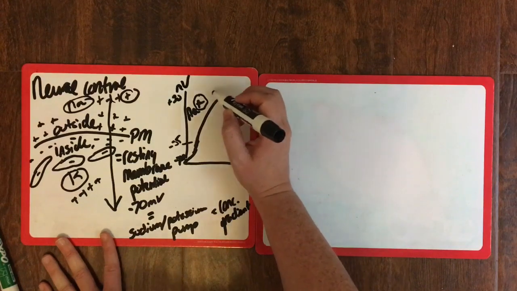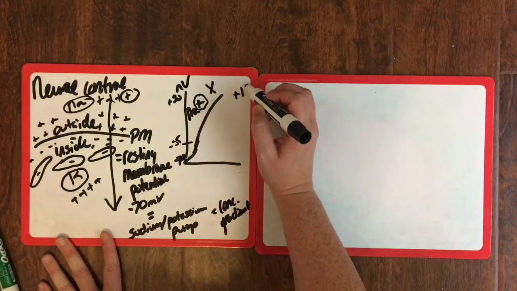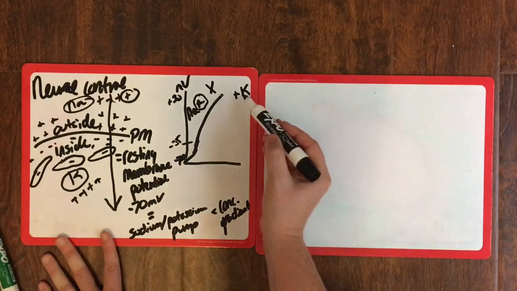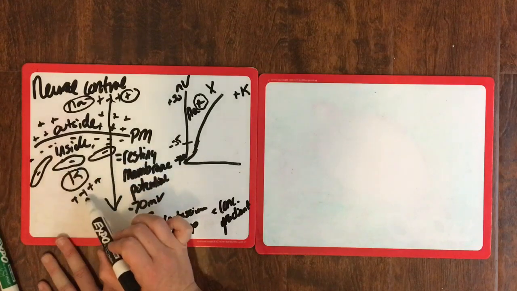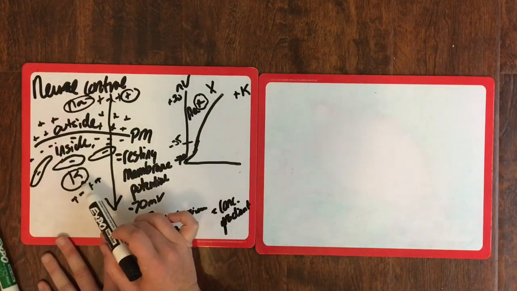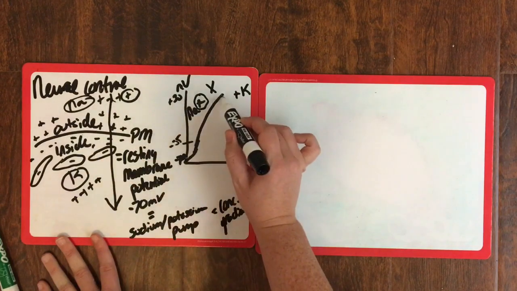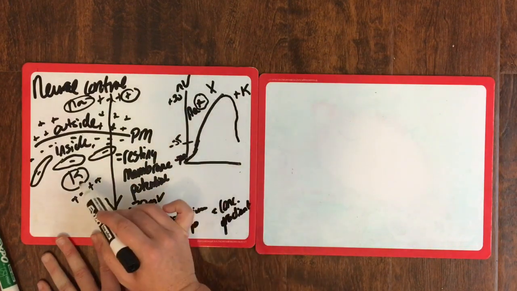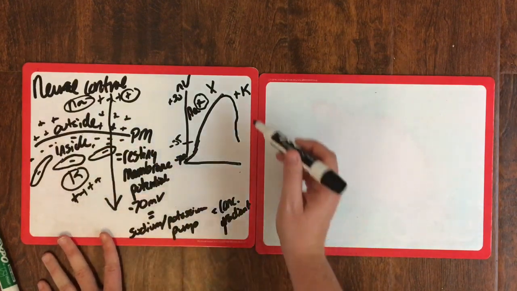So now what you do is you close the sodium gate and you open the potassium channel. Now, if you remember, potassium was stockpiled on the inside of the cell, okay? Now what we do is we let potassium rush out of the cell, okay? If you let a positive charge leave, the cell becomes more negative, right?